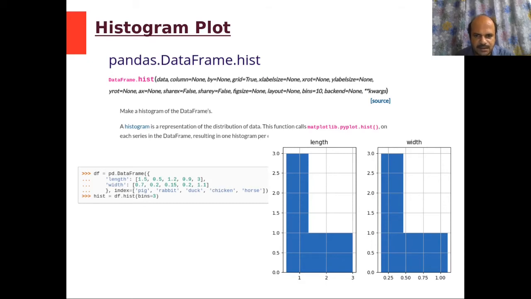You can represent the number of columns in terms of bins, so the distribution is divided into that number of bins, and then its count gets plotted on the y-axis. In this way, in our experiment, you can plot the histogram for all the features.